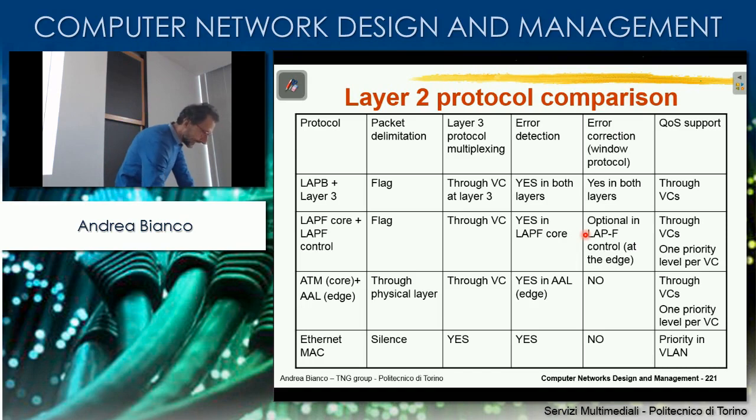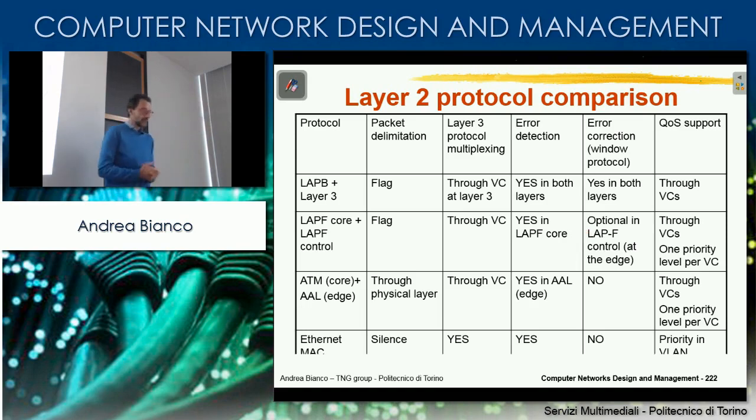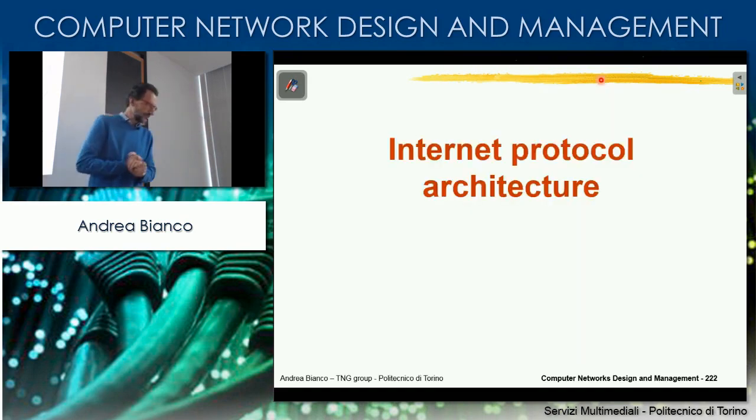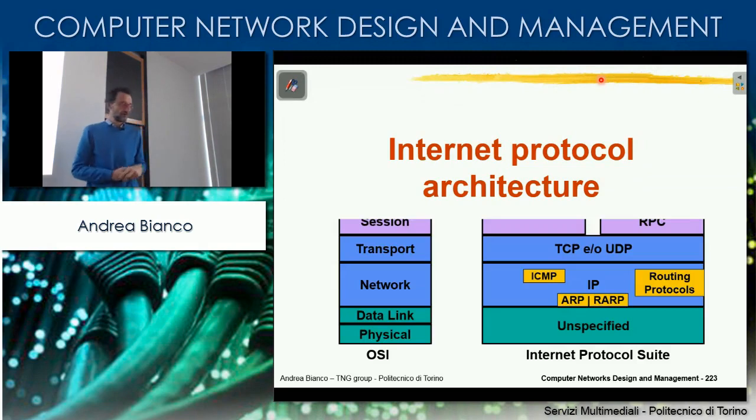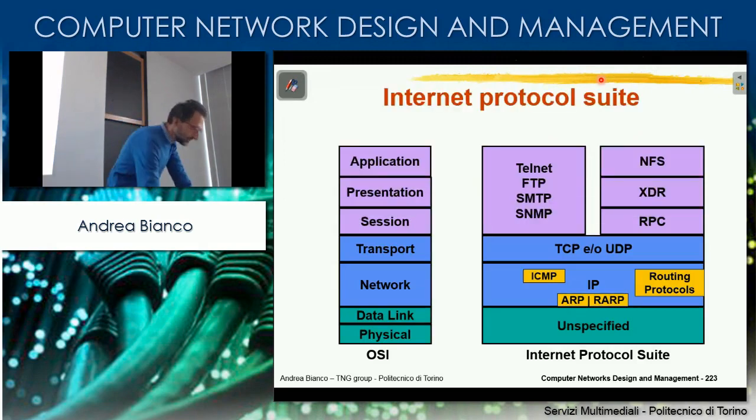Okay, good. So that ends up layer 2. We have just a few things to revise about the Internet protocol, then we can start with the new concepts. So in the Internet protocol architecture, first of all, this is the set of pictures that you may see that describe the Internet protocol suite in terms of protocol architectures.